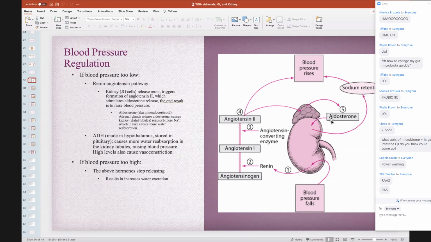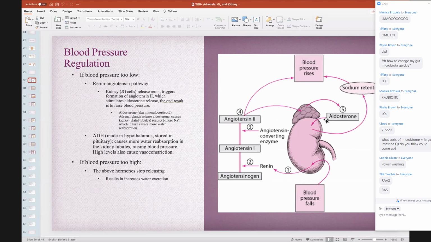What aldosterone does is it signals to the nephron, specifically at the distal convoluted tubule. So this is important. Aldosterone signals at the distal convoluted tubule. It tells the distal convoluted tubule to absorb more sodium, absorb more salt. So it's going to absorb more sodium chloride.